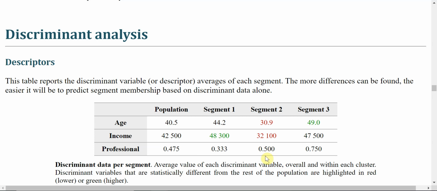It's not enough information to communicate with the target segment, but this is an example case. You may have many variables to describe, and then you may have enough information for your marketing communication.